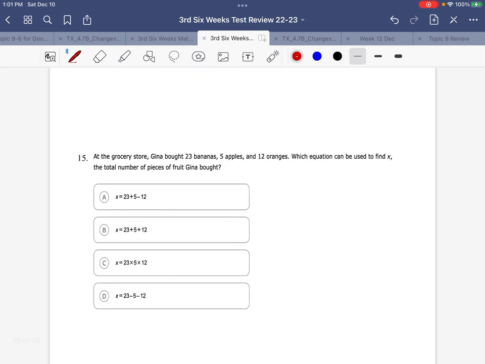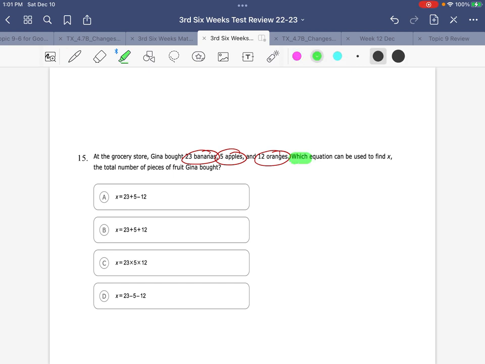Okay, 15 says, at a grocery store, Gina bought 23 bananas, 5 apples, and 12 oranges. Which equation can be used to find X, the total number of pieces of fruit Gina bought? So I'm going to do my cube, circle my important numbers, 23 bananas, 5 apples, 12 oranges.